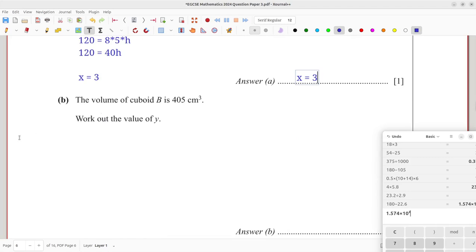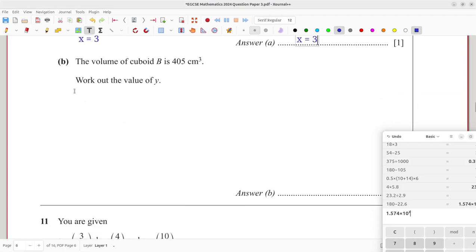If two objects are similar, what you should know is that they have a ratio. They are proportional to each other. The ratio of their corresponding sides is the same.